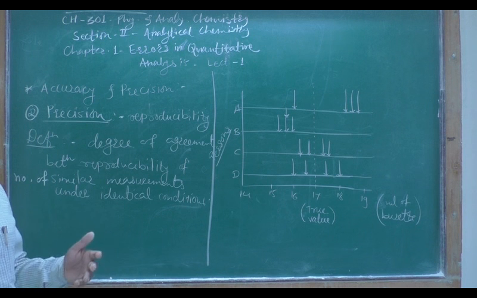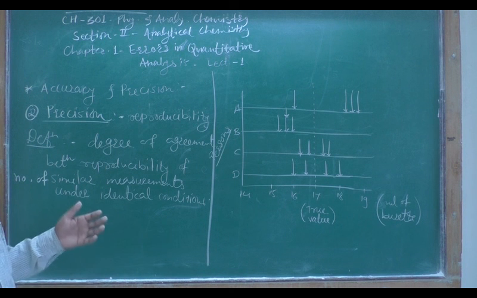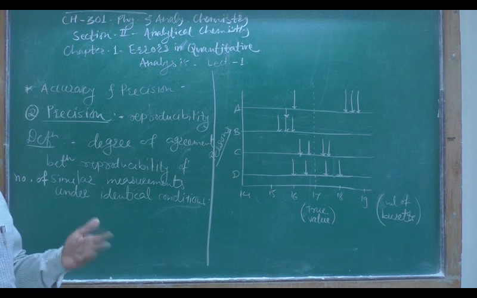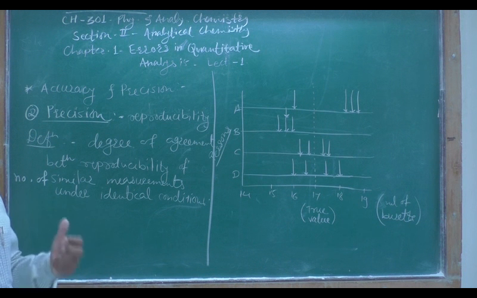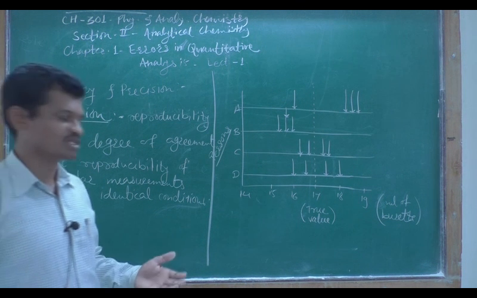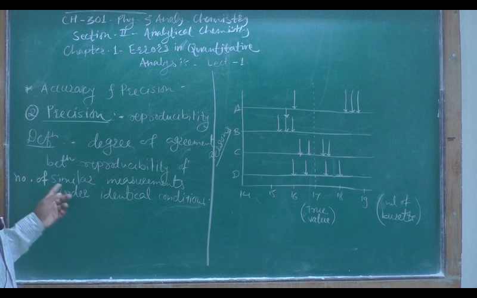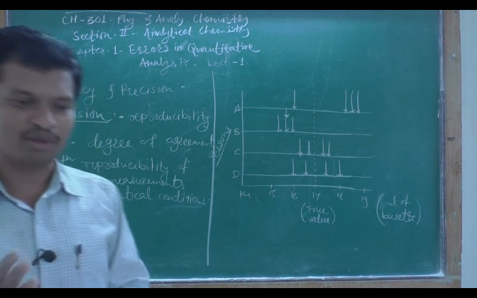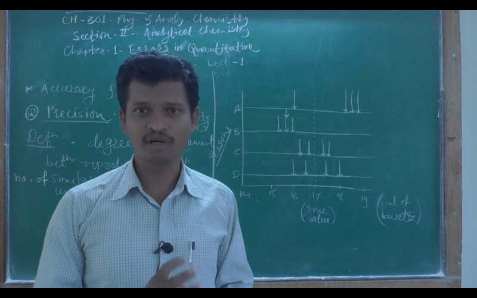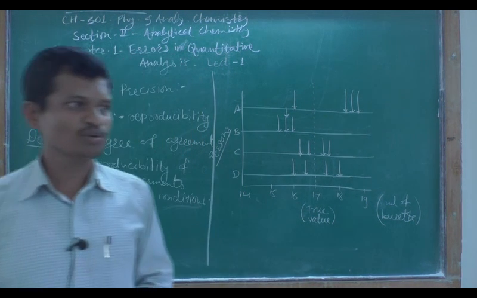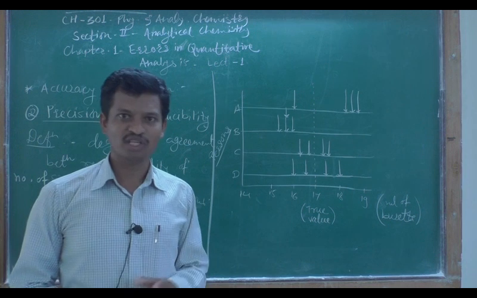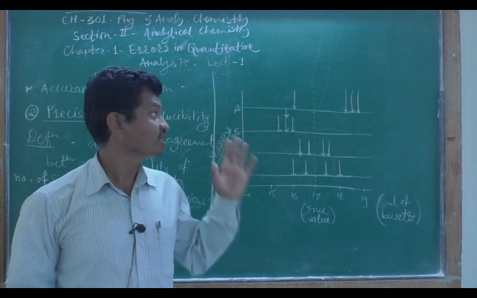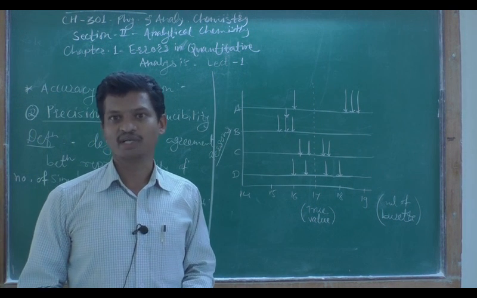How many times our measurement is repeated, we are getting the same answer, the same observation. Reproducibility of a number of similar measurements under identical conditions. So this is the concept of accuracy and precision. These are the two most important things while discussing the errors in quantitative analysis.